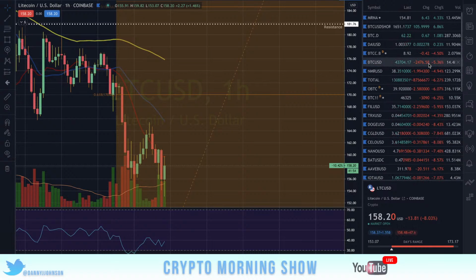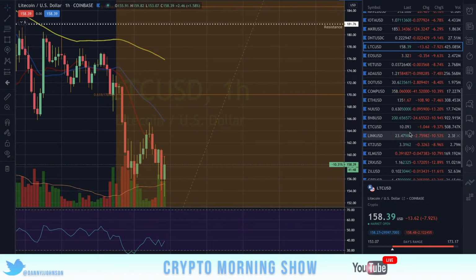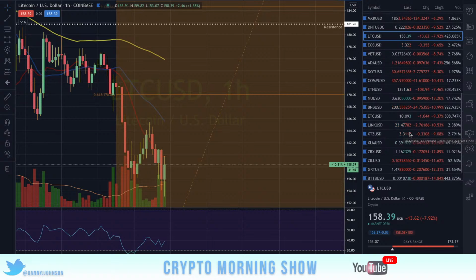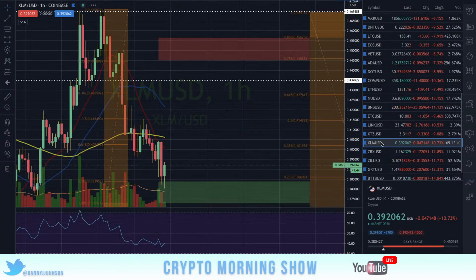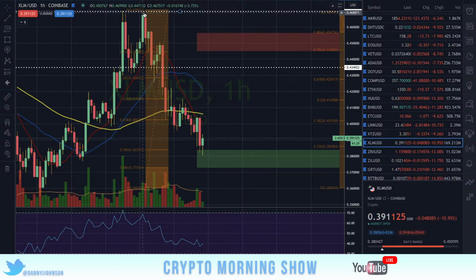Moving on, let's have a look at Stellar. XLM had a big run yesterday. If you managed to get on that trade, I was talking about it in the morning. As you can see, we're back on the hourly time frame here with Stellar XLM USD. Had a good run all the way up to, I don't think we got to an all-time high, but did we get up to the top?